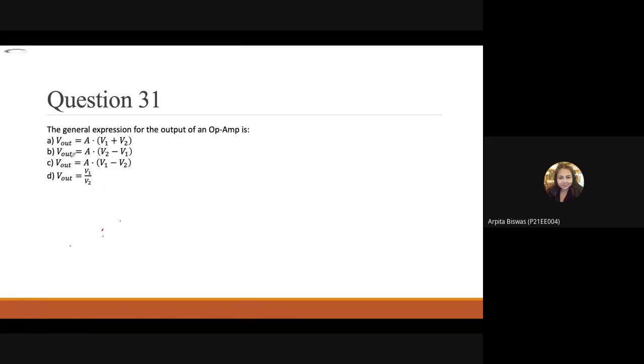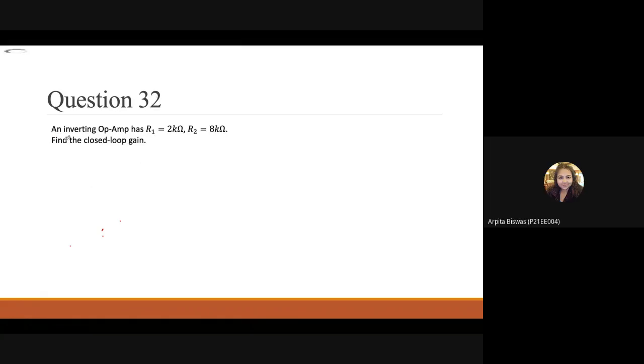Question number 31, the general expression for the output of an op-amp. Option B, ma'am. Yes, option B.